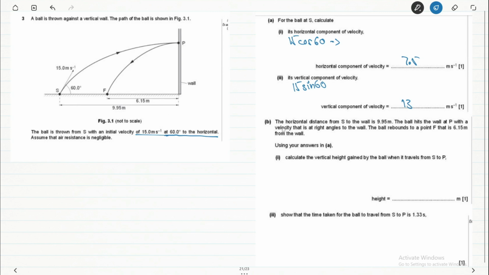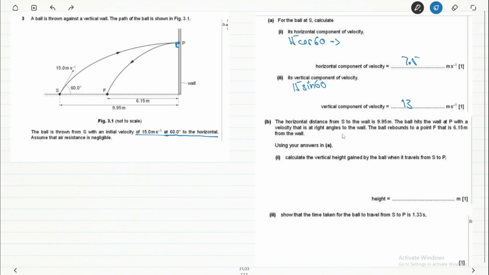The ball hits the wall at P with a velocity that is at right angles to the wall. What this tells us is that there was no horizontal component here. The ball was perfectly aligned where the vertical velocity was 0, because all of the vertical velocity from the initial component was used up by the acceleration downwards due to gravity.